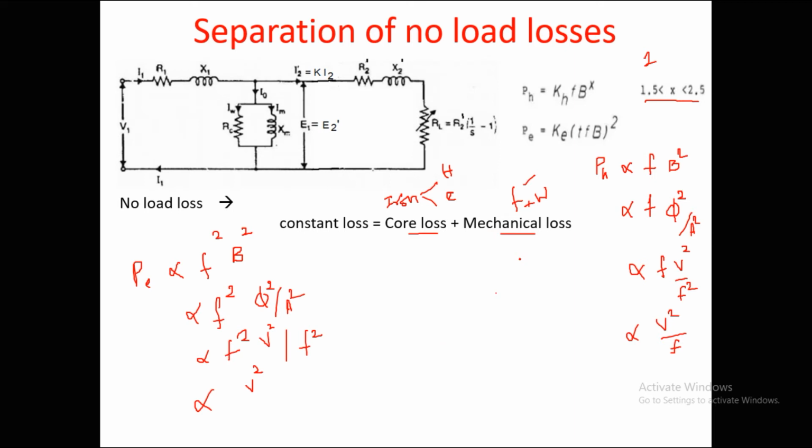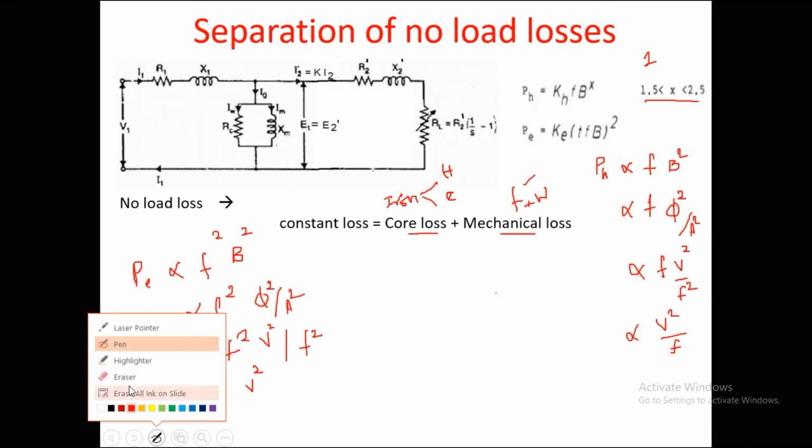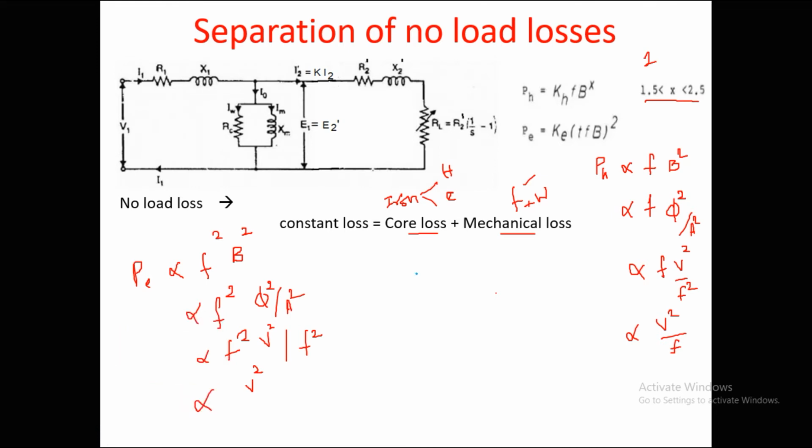Mechanical loss happens only in the rotor part, especially at the time of the rotor's rotation. Only then can we have variation in the friction and windage loss. So this mechanical loss is directly proportional to rotor speed. But at the time of conducting the no-load test on this induction motor, the rotor speed approaches almost synchronous speed because the rotor is free to rotate.